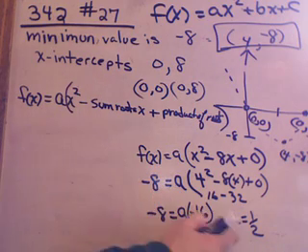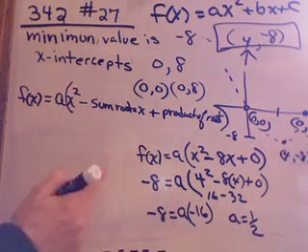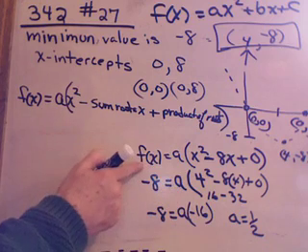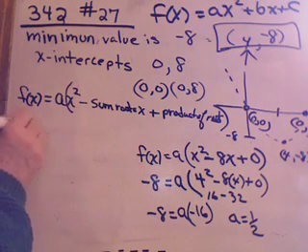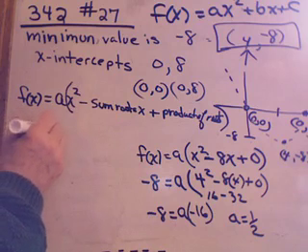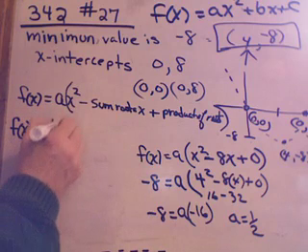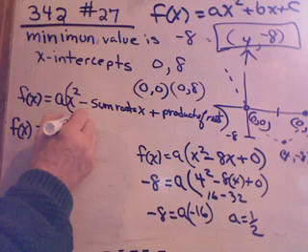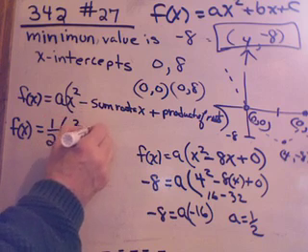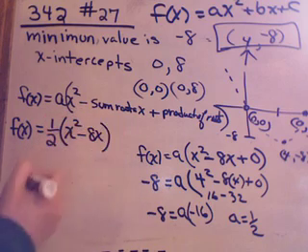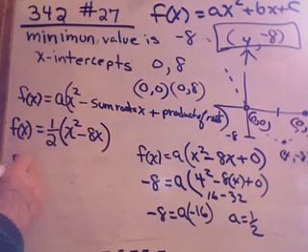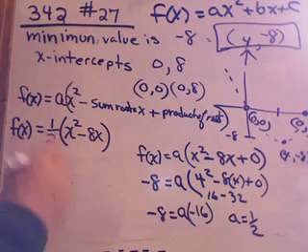And that equation is, if I take the 1/2 and put it here, f of x equals 1/2 times (x squared minus 8x). I don't need to write the plus 0. I could simplify this a little bit if I wanted.